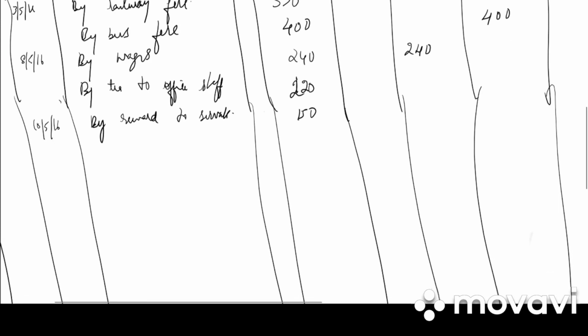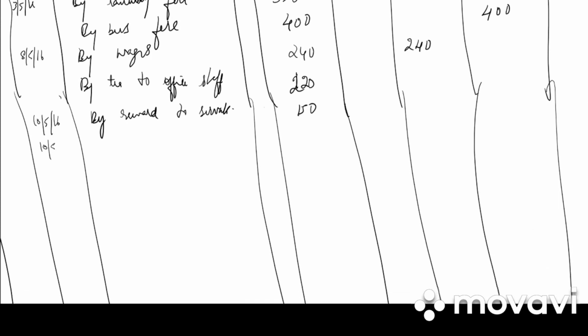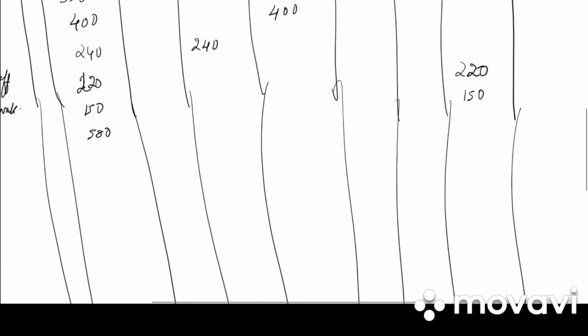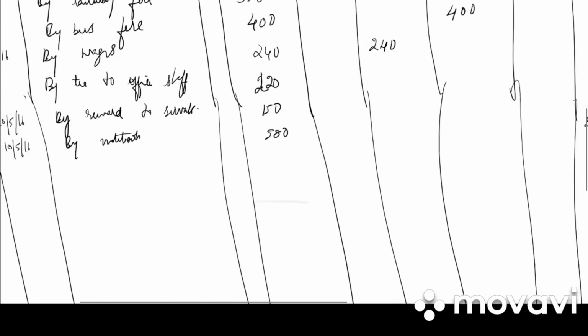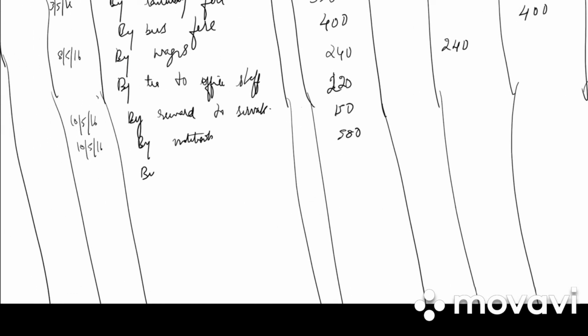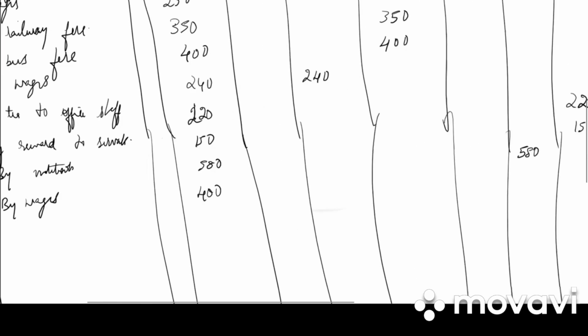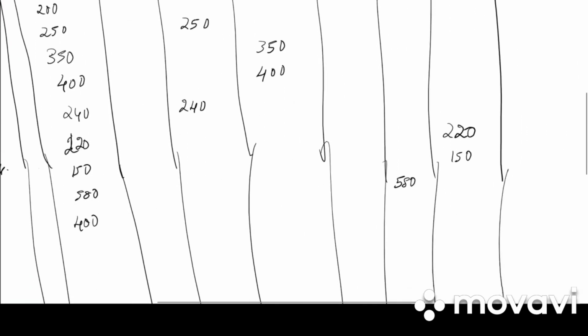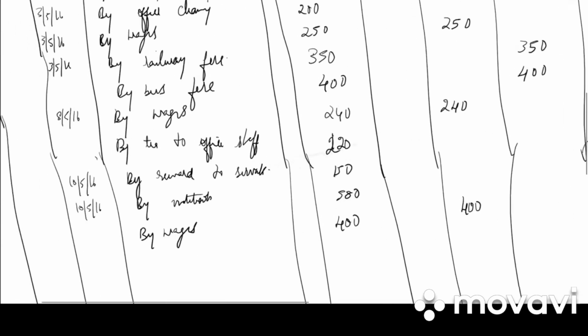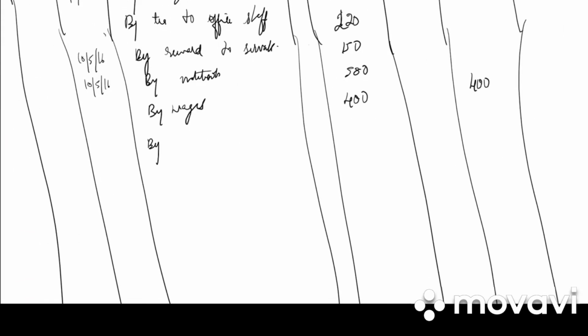Then bought shorthand notebook. So by notebook, how much is it? 580. Under the stationery column, 580. Then we have by wages, 400. Under the wages column, we'll be having 400. Then we have by pens and pencils, 520.